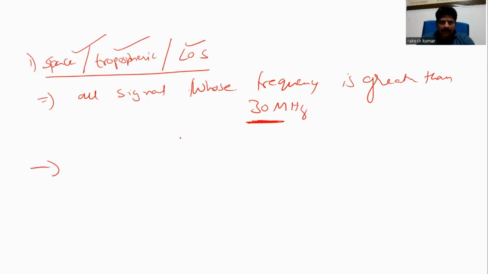Okay, so see here, what is the height above the Earth surface? It extends up to 16 kilometers above the Earth surface.